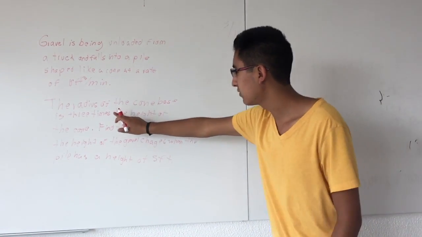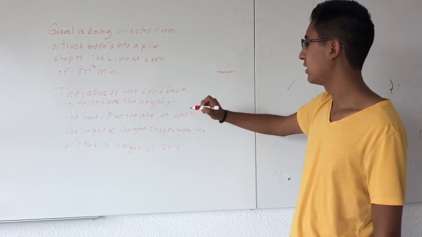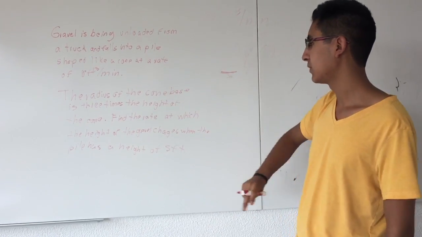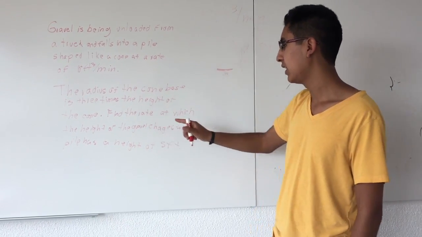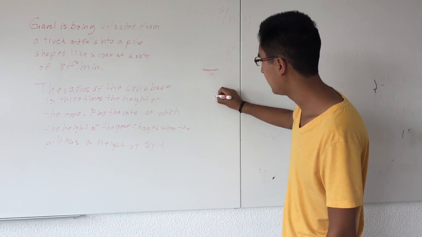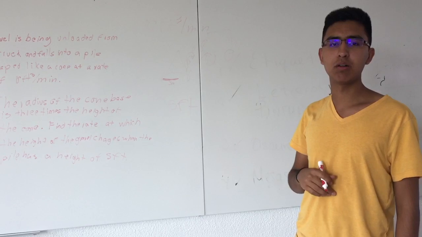It says the radius of the cone base, it means this, the radius is 3 times the height of the cone. We are being asked to find the rate at which the height of the gravel changes when the pile has a height of 5 feet. Having gathered the main data, we must start solving our problem.